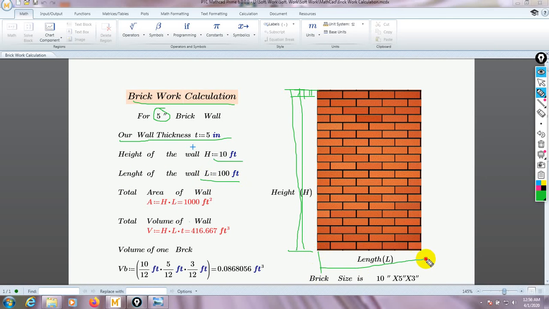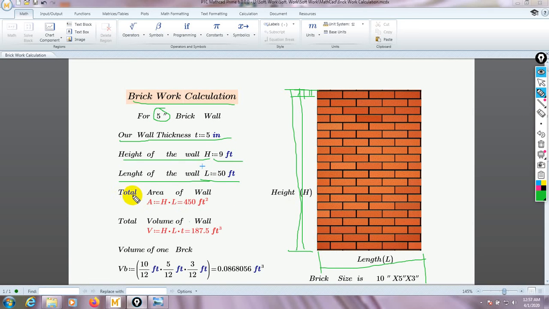We can consider, suppose, that our length is 50 feet and our height is 8.5 feet or 9 feet. 9 feet, okay. So after that, the wall values: here is the length, here is the height.